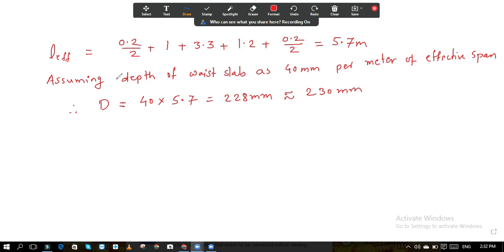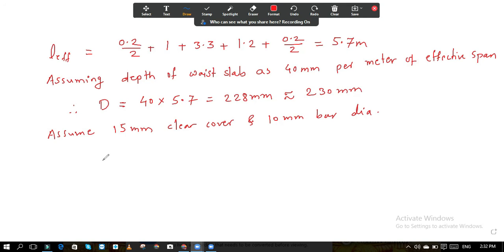Now similarly here I can write, assume 15 mm clear cover and 10 mm bar diameter.